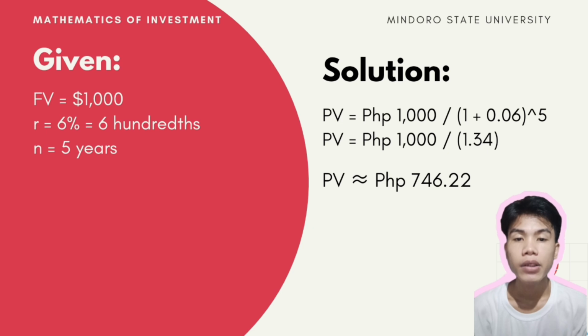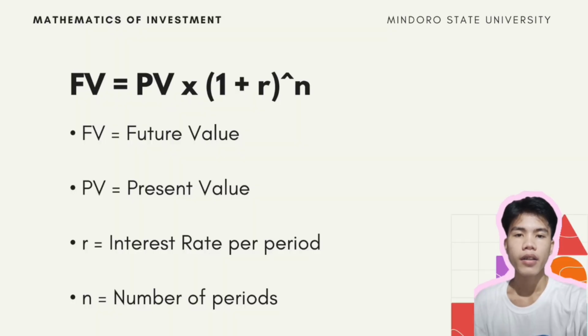Then substitute it to the given formula and the equation will be PV is equal to 1,000 divided by the quantity of 1 plus 6 hundredths raised to 5. Then the equation will be 1,000 divided by 1 and 34 hundredths. Then the answer is 746.22 pesos.